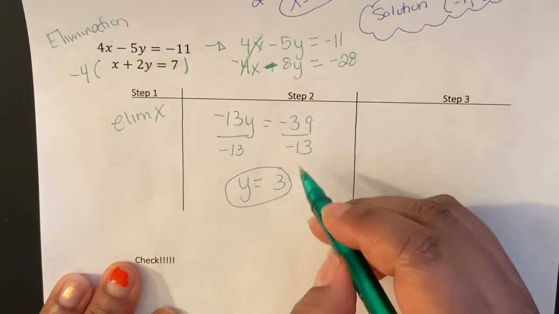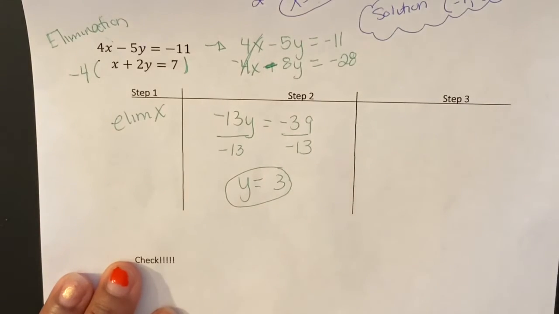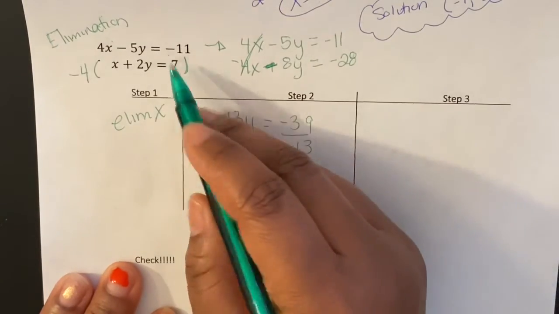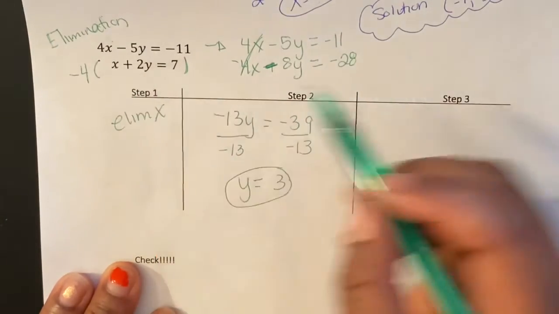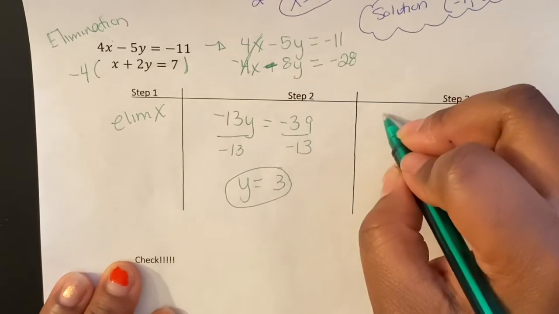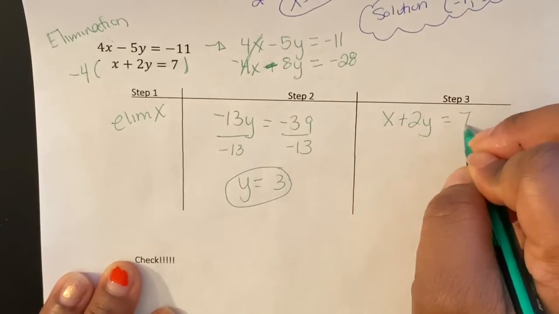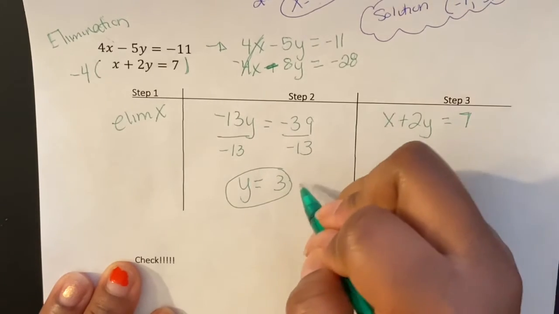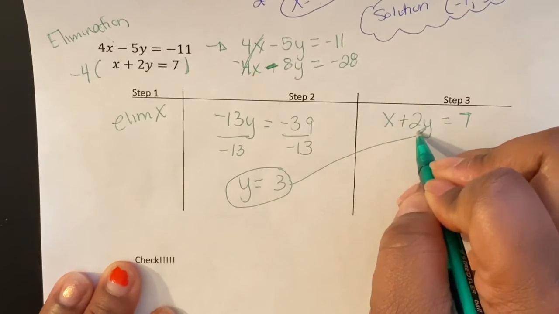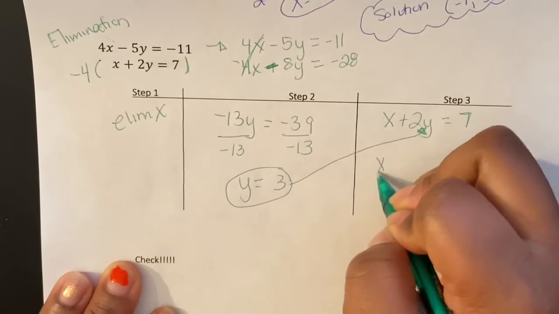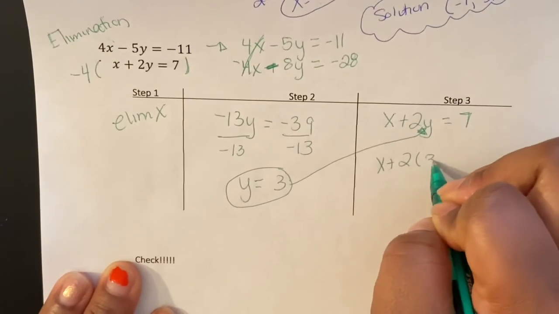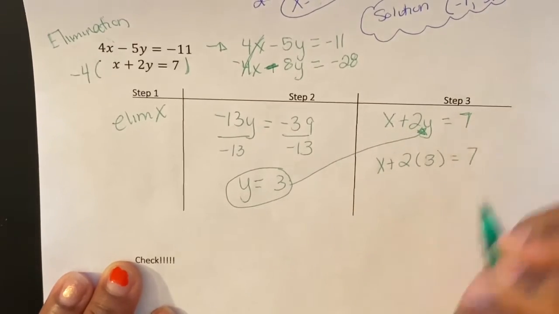Now I have to plug this in or substitute this into one of the original equations to solve for x. I'm going to choose the second equation. So x plus 2y equals 7. Plug this y into here where it says 2y. You get x plus 2 times 3 equals 7.